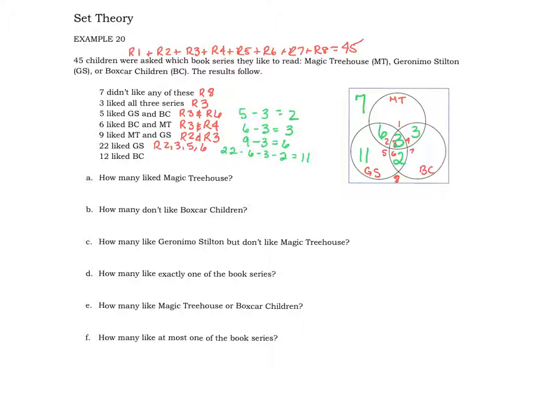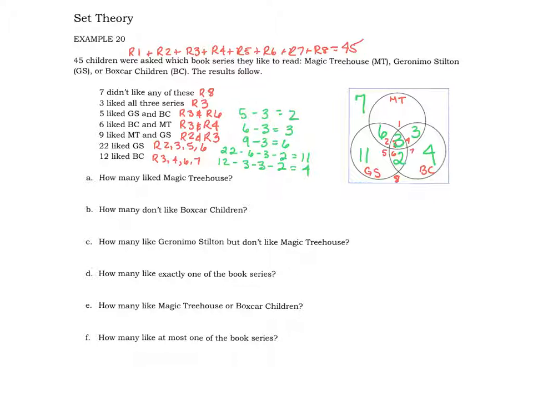And then on the next one, they said 12 like Boxcar Children. So that's regions 3, 4, 6, and 7. And as you see, we have the cardinality of all regions except for region 7. So we can do 12 minus 3 minus 3 minus 2, and that will yield 4 for region 7.